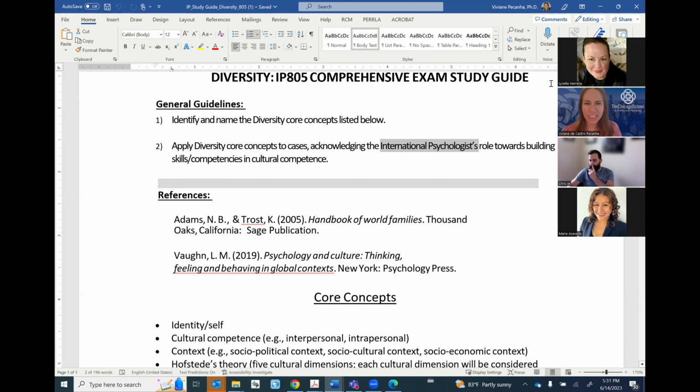I'm one of the ones taking it in a few months. When I've taken comps before in clinical psychology, I did study guides and we had everything typed. Should I be looking at any other type of reference, for example, for identity and self, or are the books mentioned enough, or should I be looking for other research with those concepts when I'm writing my answers?